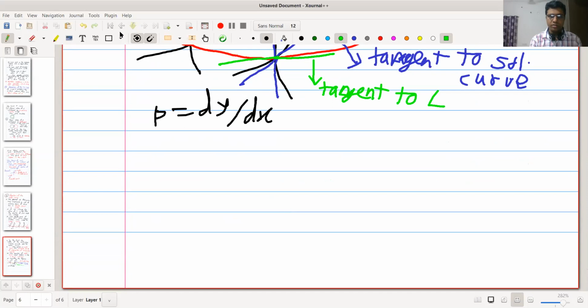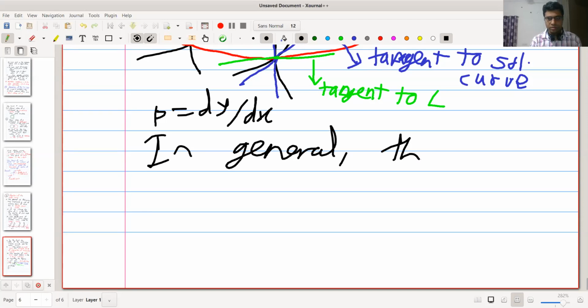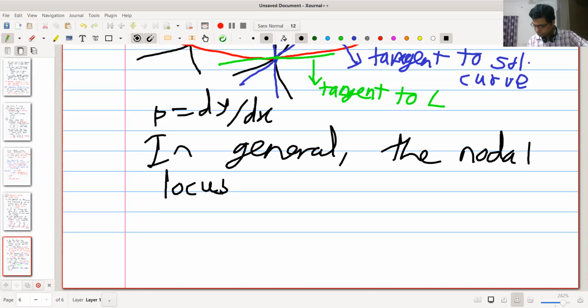In general, the nodal locus will not appear in the p discriminant relation.